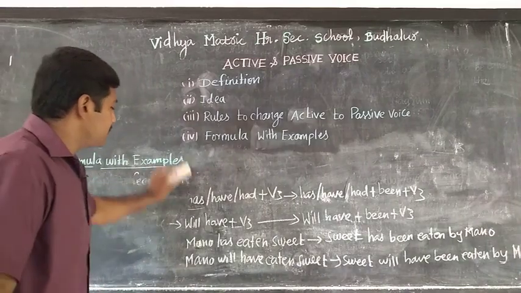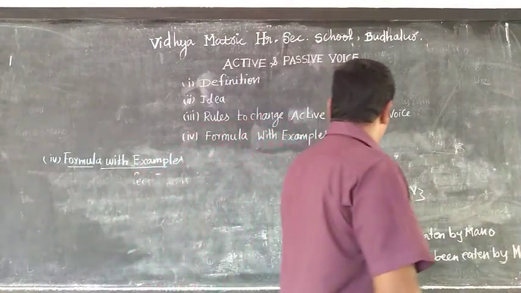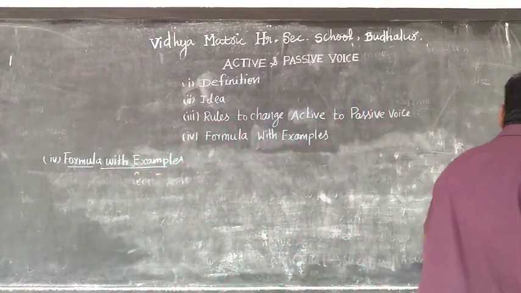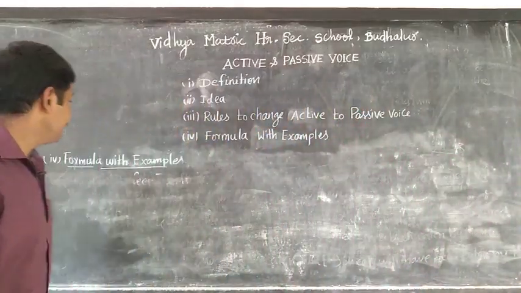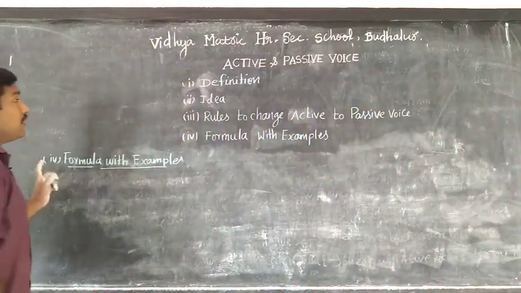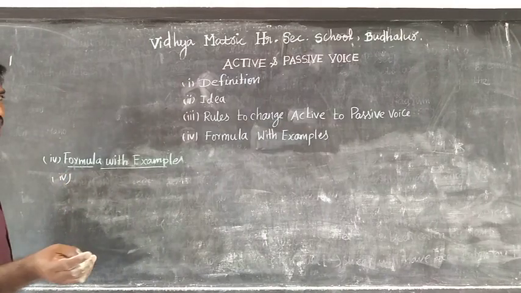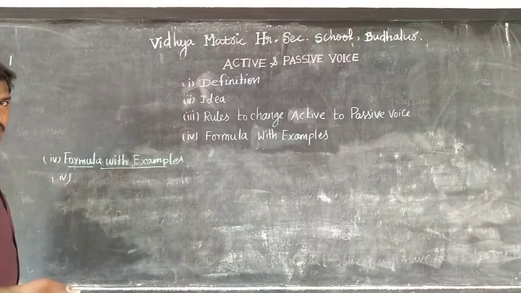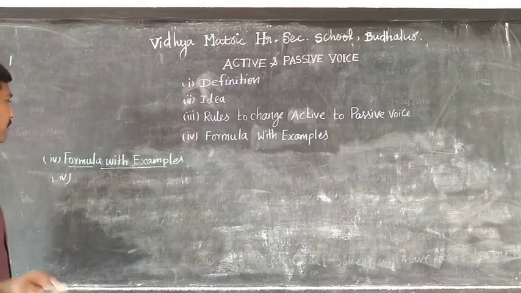So finished. Next, in type 4, step 4 also. Step 1 simple present, simple past, future. Step 2 present continuous, past continuous, future continuous. Step 3 present perfect, past perfect, future perfect.